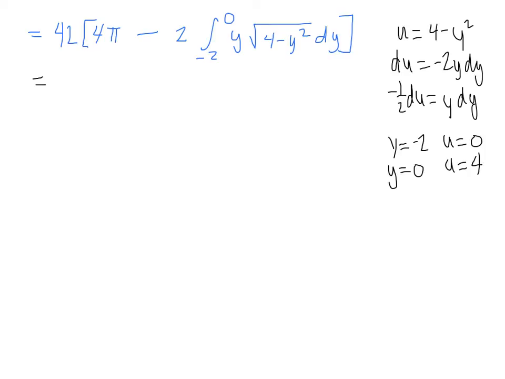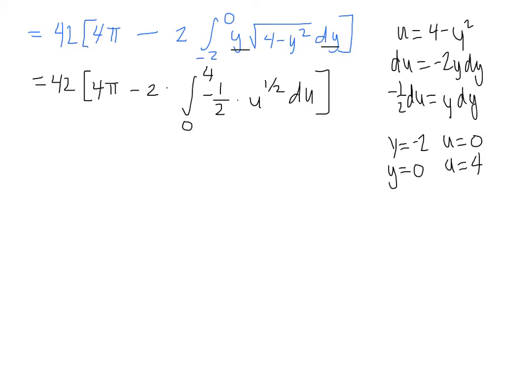So we have 42 times the quantity, 4 pi, minus 2 times the integral from 0 to 4 of -1/2 times u to the 1/2 du. The y dy gets replaced by -1/2 du. The 4 minus y squared is u. My bounds are replaced, and now I can antidifferentiate.